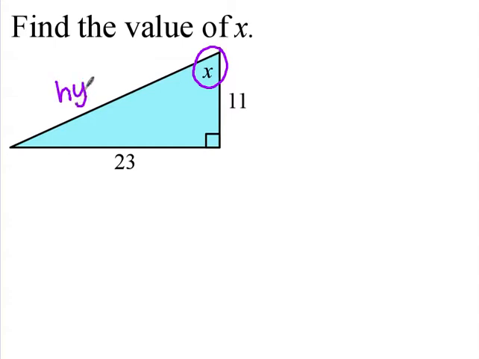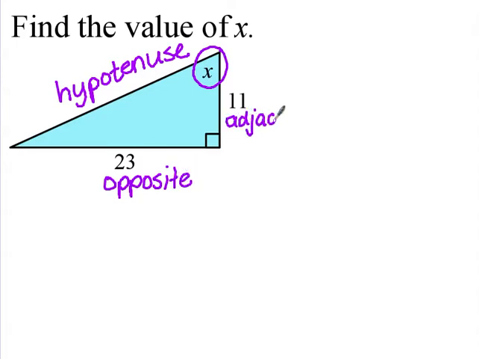It's the one that doesn't have a side, right? So you could abbreviate this H if you wanted. What side is your opposite? 23, because that's opposite the angle. What side is your adjacent? 11, because that's the one that touches the angle. Always start with your hypotenuse, then fill in the others.